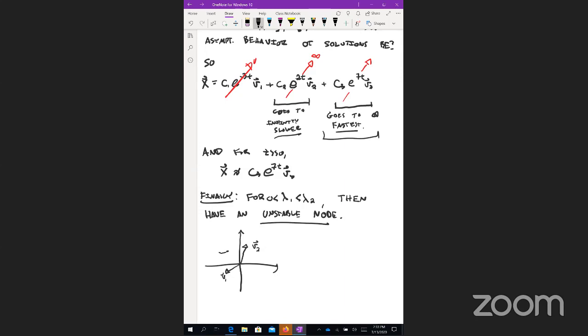They will eventually become asymptotic to the larger one.